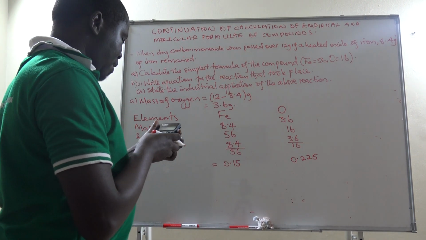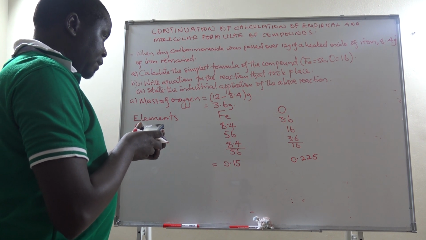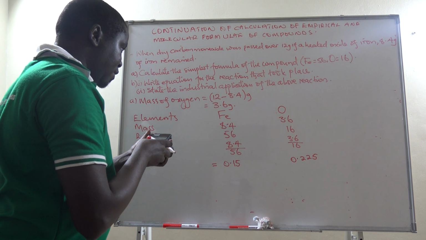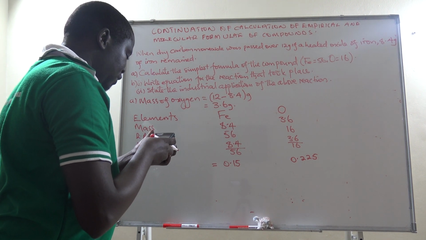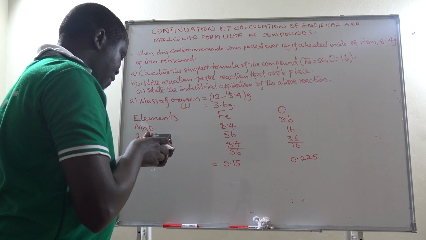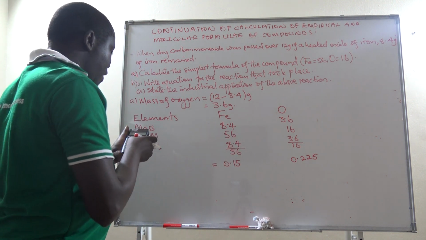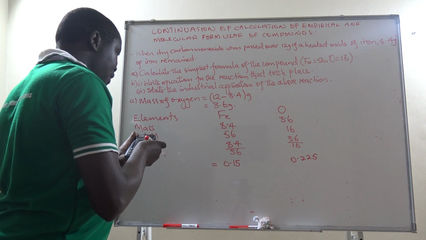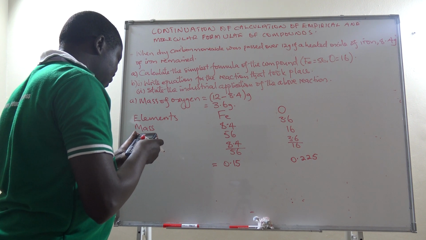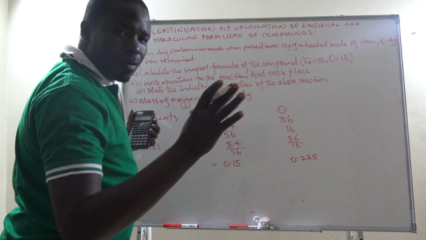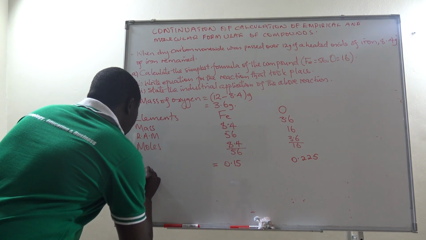So these are the number of moles of each element that we have got. For oxygen, 3.6 divided by 16 is 0.225, and for iron, 8.4 divided by 56 is 0.15. Don't round off.